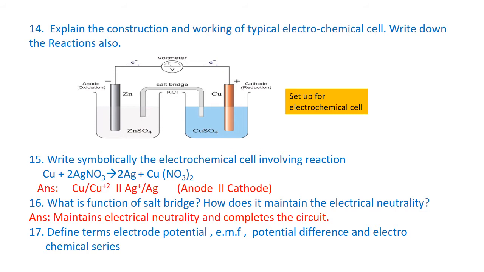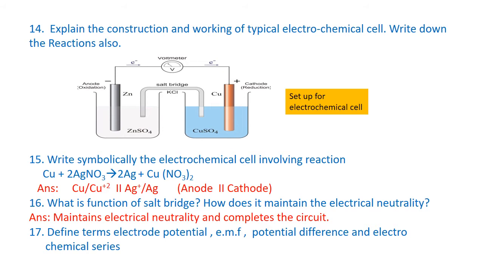There is an excess of zinc plus 2 ions around the anode, so its tendency to give electrons will decrease. But at the cathode, copper plus 2 ions are gaining electrons and depositing as copper, so the sulfate ion concentration is more around the cathode. So through the salt bridge, these ions exchange and the solution remains electrically neutral.